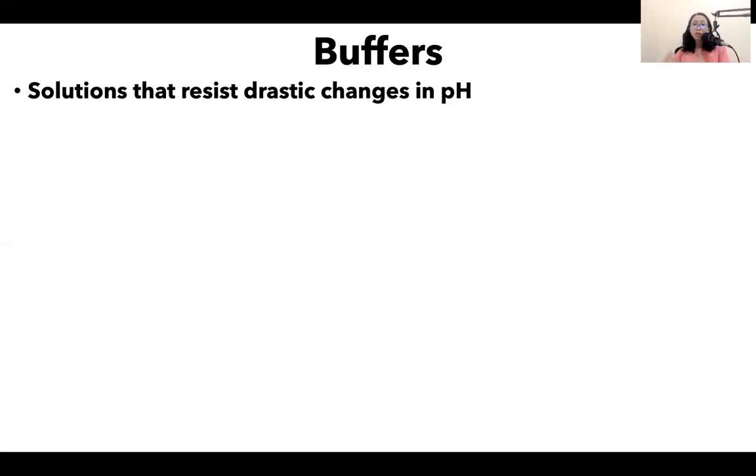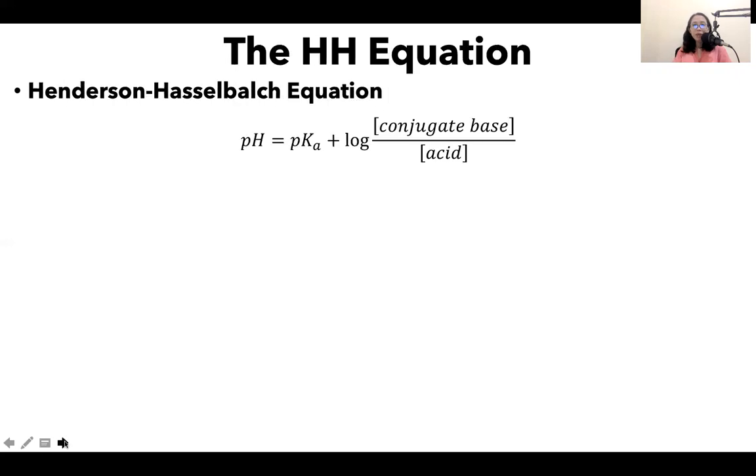Now, to understand further about this capacity of the buffer to resist drastic changes in pH, we need to understand one equation. We call this the Henderson-Hasselbalch equation. This is actually a very important equation when we talk about buffers.